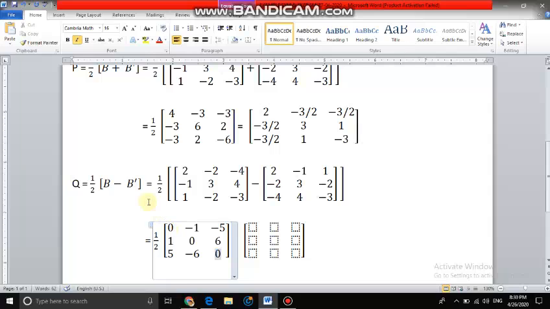So if we observe this matrix, here I have to multiply this matrix with 1 by 2 because 1 by 2 is a common multiple.